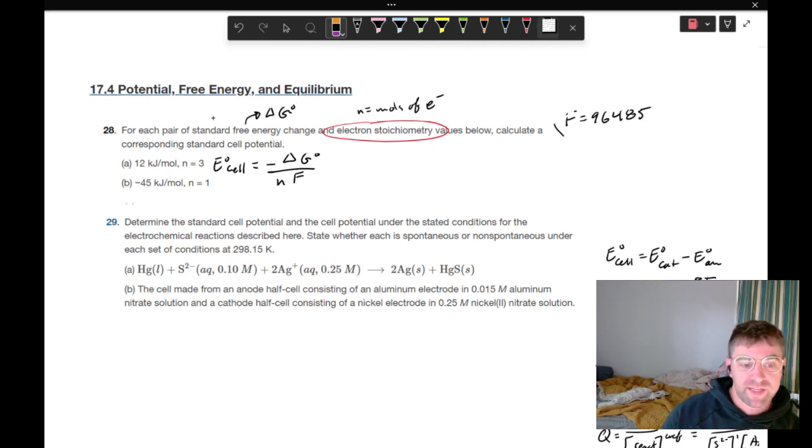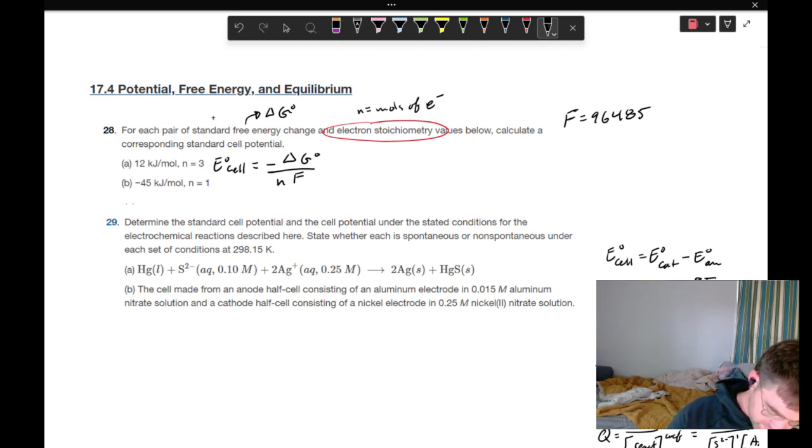If you are, for example, taking a standardized test where you might need to produce this number from memory, 96,500 is a common way of making the math a little bit easier for yourself. And if you really want to, 96,000 is a reasonable approximation of F, Faraday's constant.